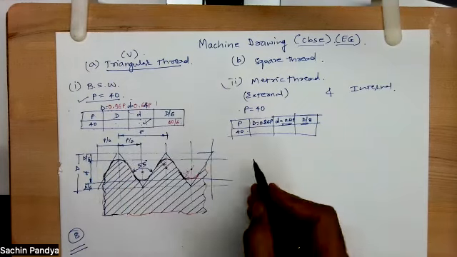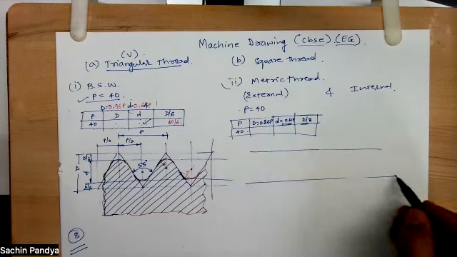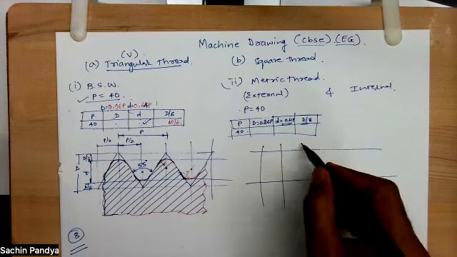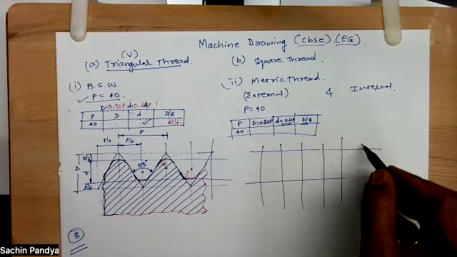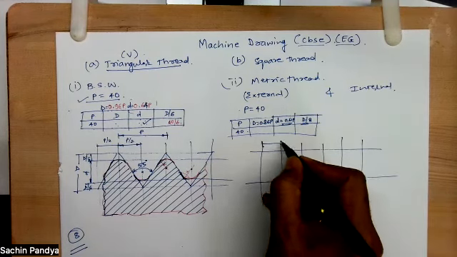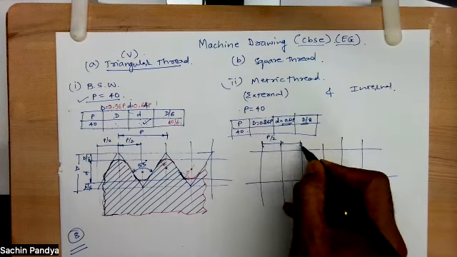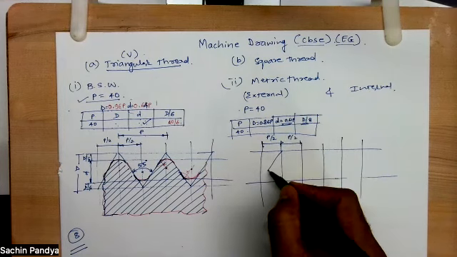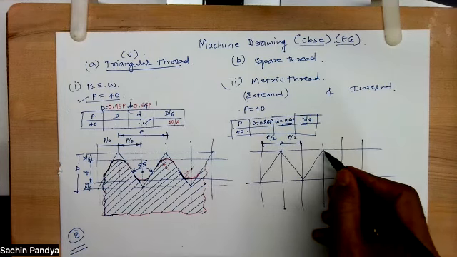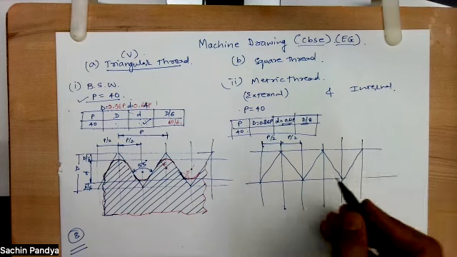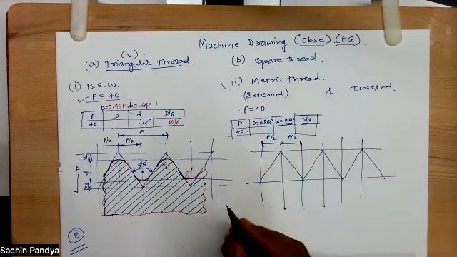But while drawing, what you should do is draw D, then P by 2, P by 2, right? This is P by 2. And you join. So this is how you will get it. Got it?